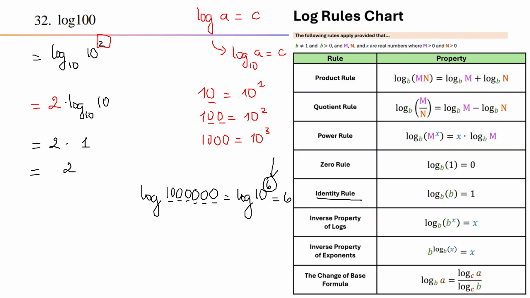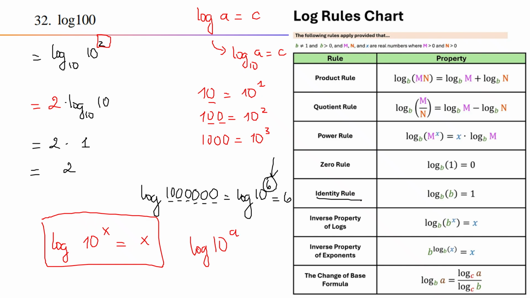So let's say we have log 10 to the power of x, that is x. That's the formula. You can use x or a, b, but it has to be the same letter. Like log base 10 of 10 to the a equals a. So just like this, the inverse property of log.